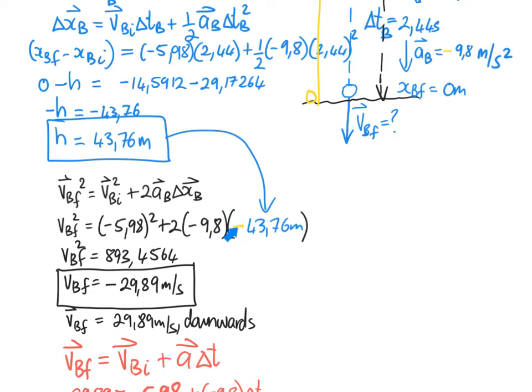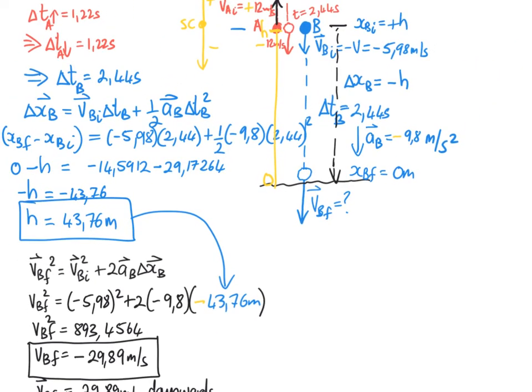See there? h is 43,76, but remember, delta x is downwards. So it's 0 minus its initial position, or thinking of delta x as a vector, which is pointing downwards, and its magnitude is 43,76. We can see it there again to emphasize. That's the direction of the vector, in the negative direction, and the magnitude is h.